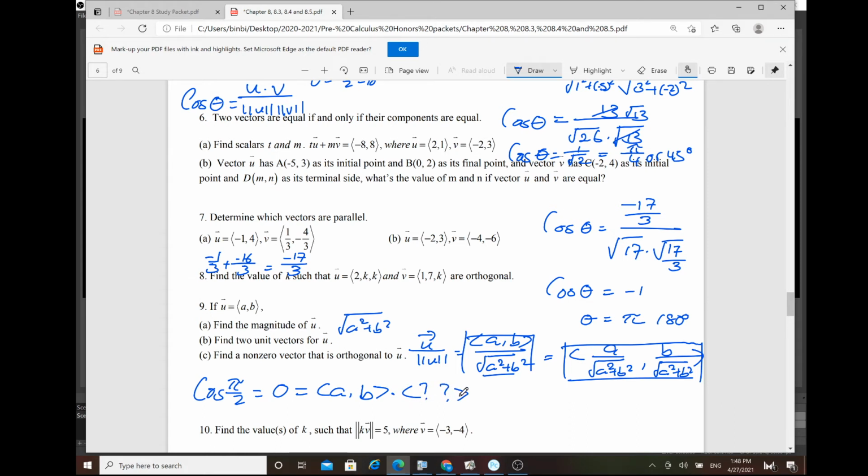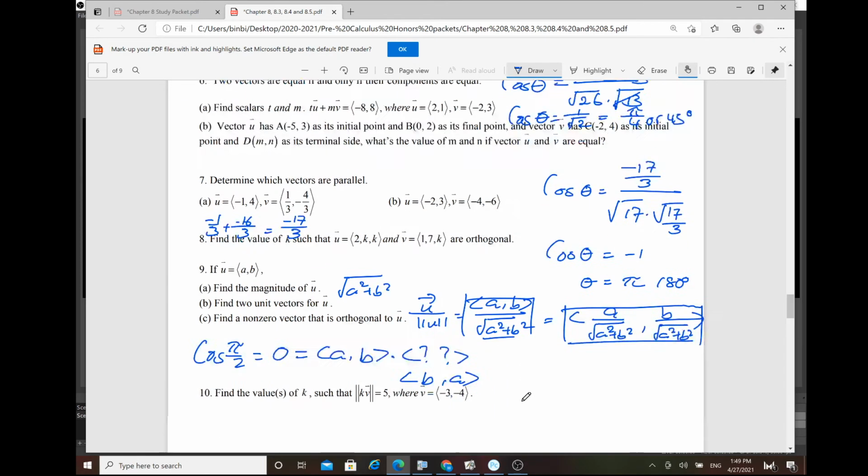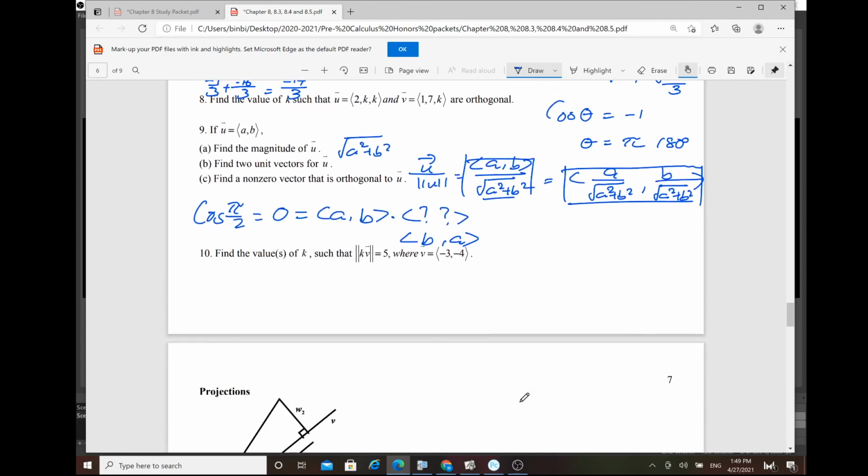Let's say the other one is considered b comma a, okay? Because a times b minus b times a, then that'll be 0. So the other one would be b comma a.